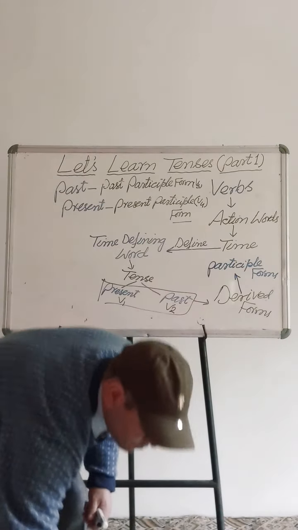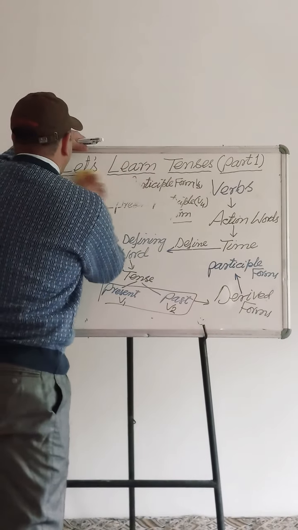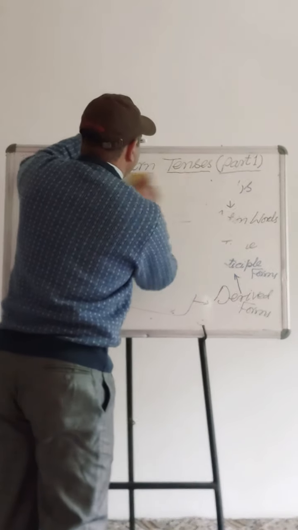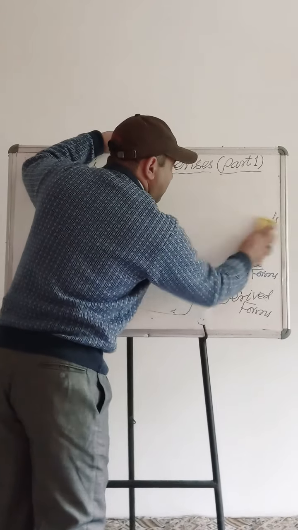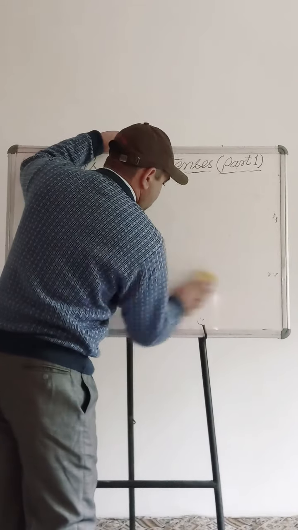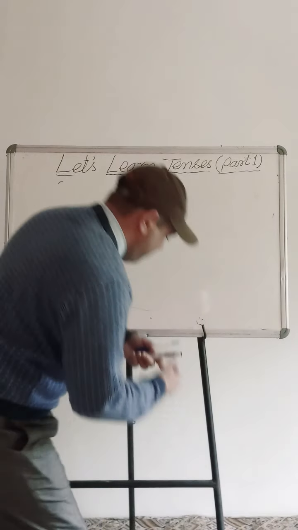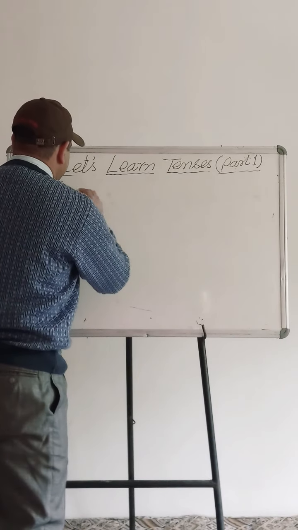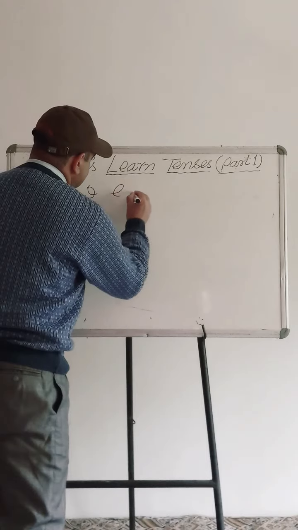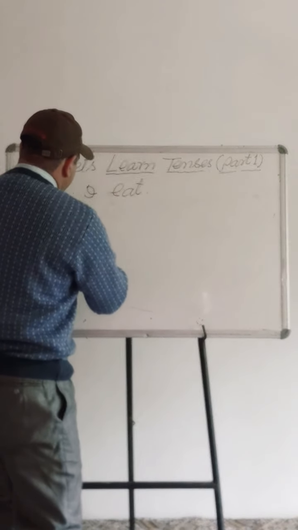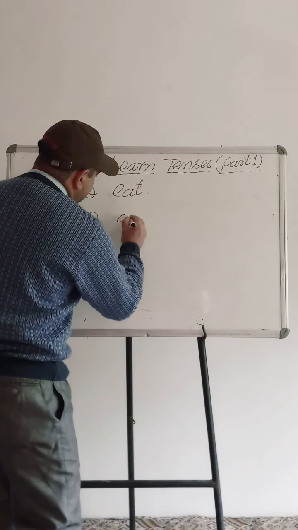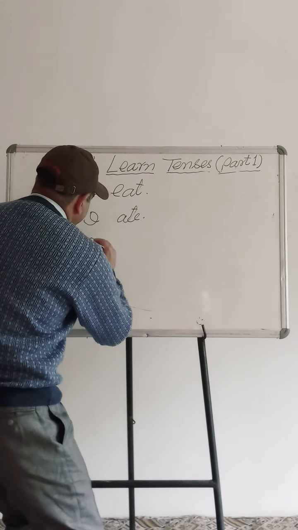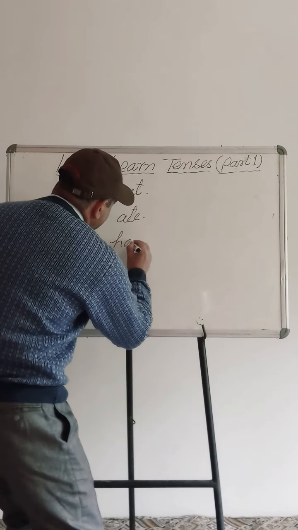Let us use all four forms of a verb in sentences to find the nature of the verbs. The present form of eat is eat, so we will write a sentence like this: I eat. The past form is ate: I ate. The past participle form is eaten: I have eaten.